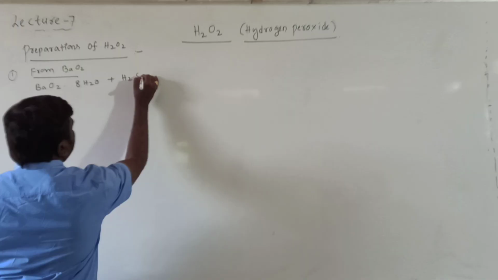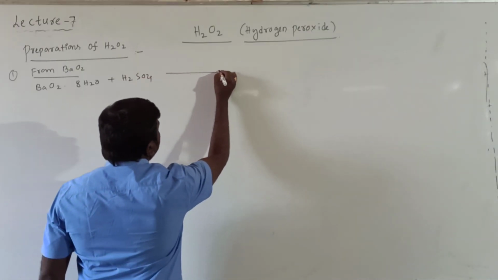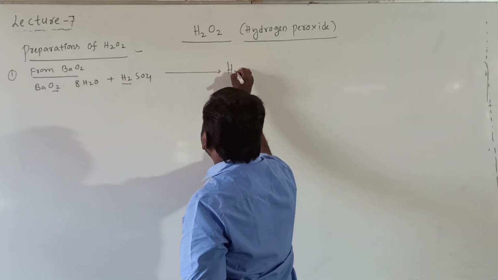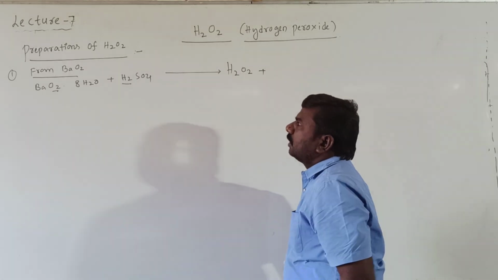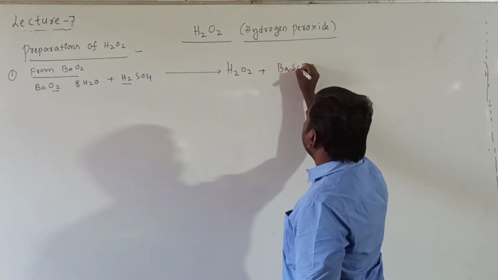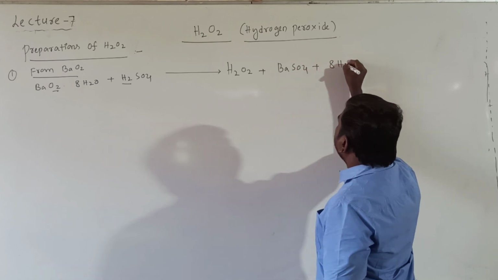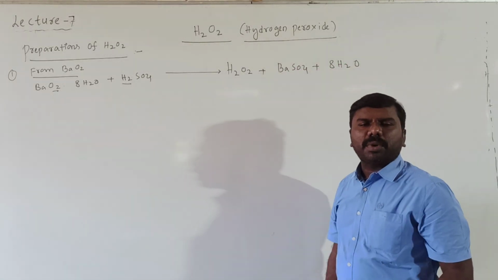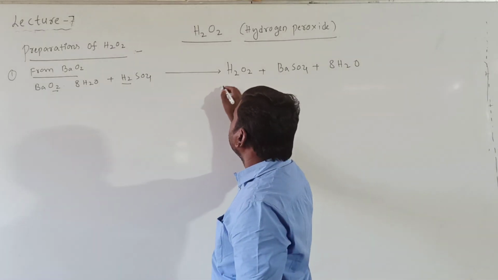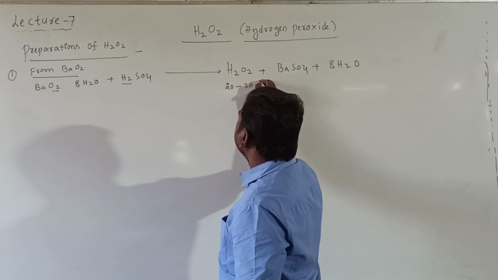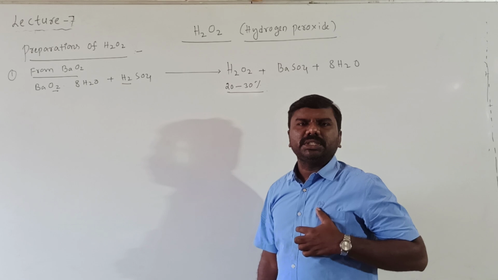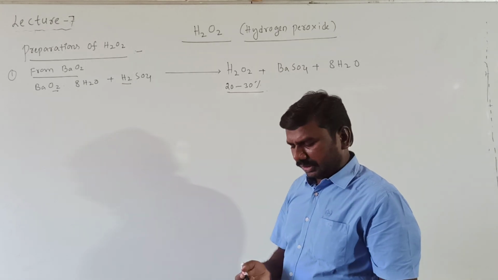Treated with sulfuric acid, it gives H2O2. The remaining barium and SO4 are removed as barium sulfate. The 8H2O molecules will be vaporized out. Next, this is hydrogen peroxide. Here, the formed hydrogen peroxide will be 20 to 30%.